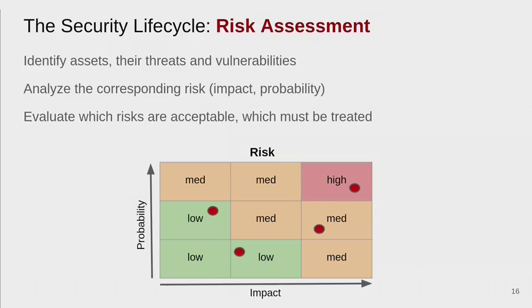You analyze the corresponding risk, like how likely it is to happen, and what the impact is going to be if it happens. What's the probability? How likely is it going to impact, and what happens if it happens? And then you evaluate which risks are acceptable and which risks must be treated.